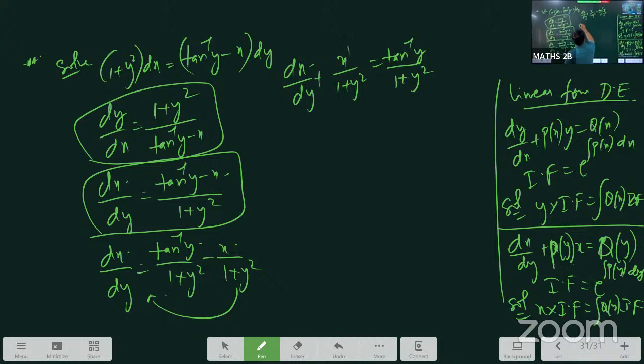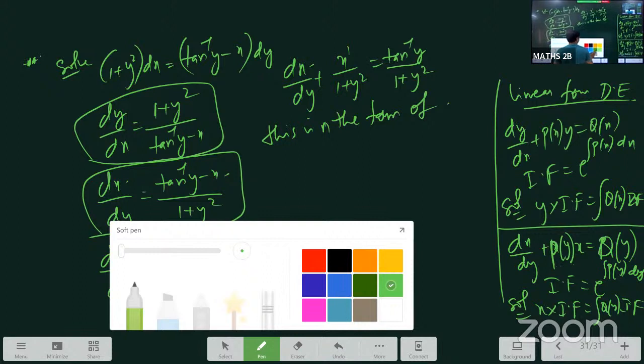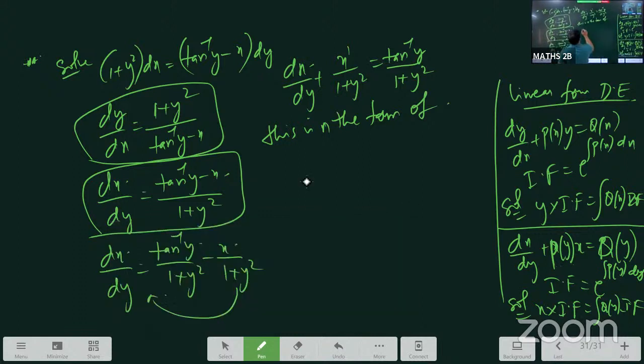So here, this is in the form of dx by dy plus p of y into x equals q of y.